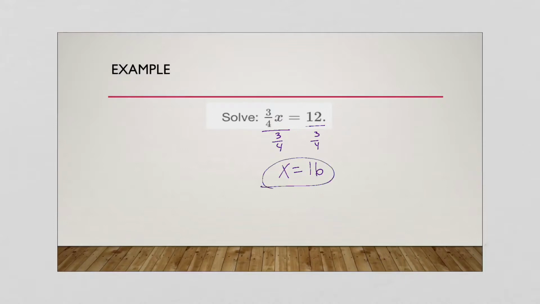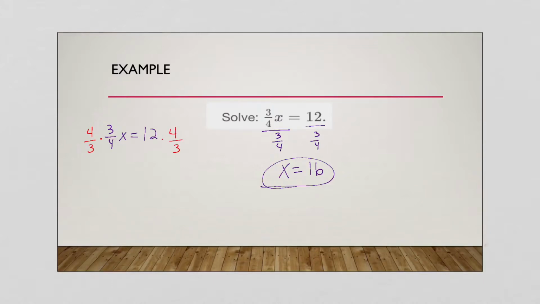Now I'm going to show you another way to work this problem. If you're doing this by hand, this second way is actually easier. So 3/4 x is equal to 12. Now, again, you're allowed to multiply both sides by the same number and still get something that's equal. So I would multiply both sides by 4/3, multiply by the reciprocal.